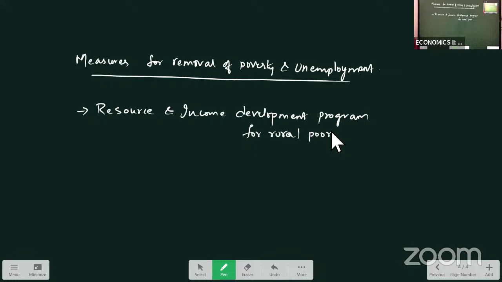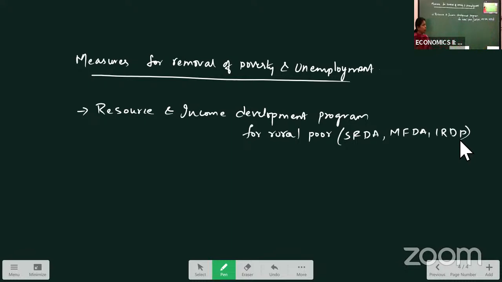So under this, the programs that were introduced are Small Farmer Development Agency, Marginal Farmer Development Agency, and Integrated Rural Development Program.